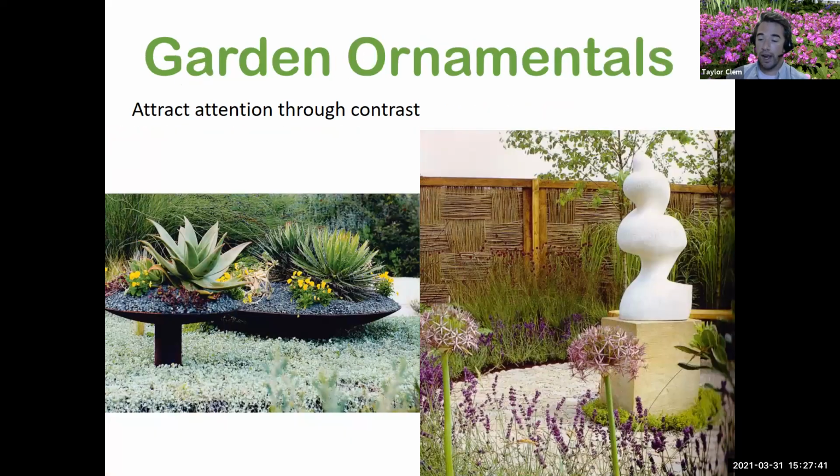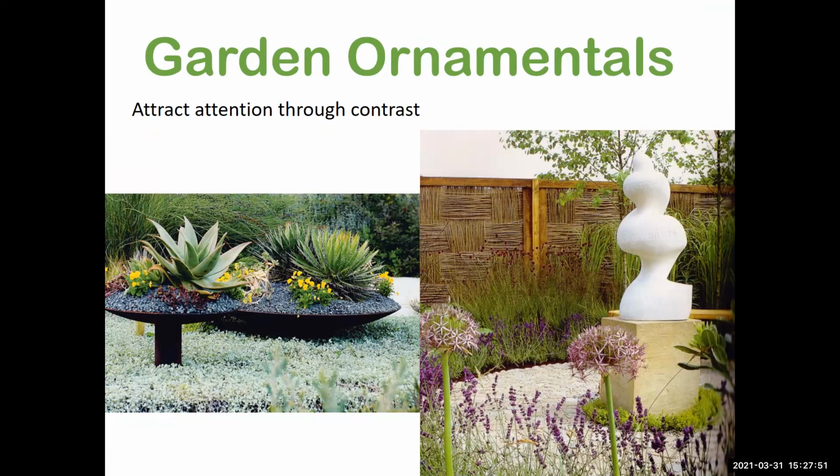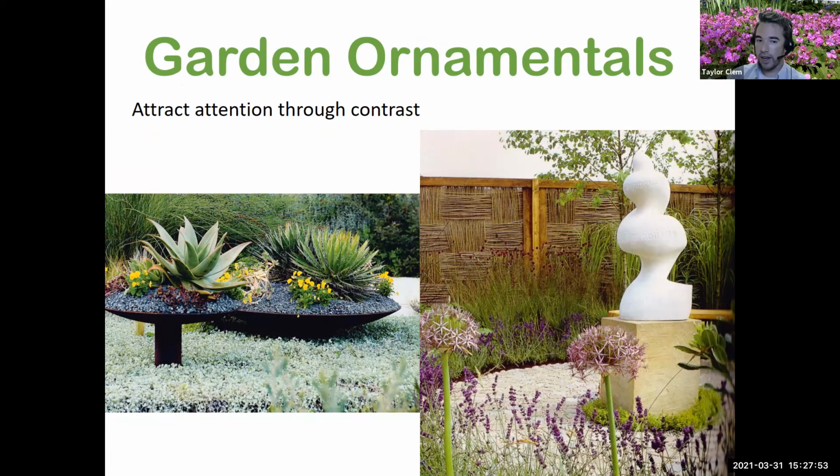But you can also bring in contrast with ornamentals. I really like the planters on the left because they are very dark. That's a Corten steel planter, but it's a very coarse texture planter and it has coarse texture plants in it, compared to that very fine texture ground cover all around it.